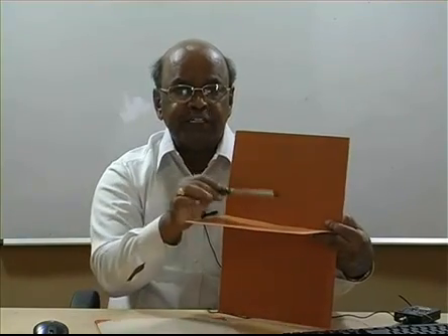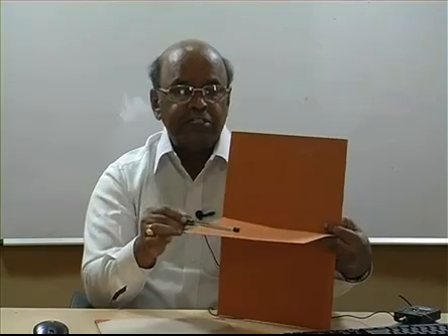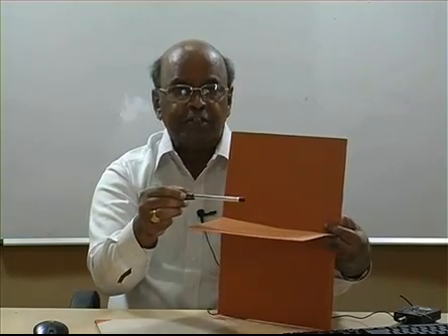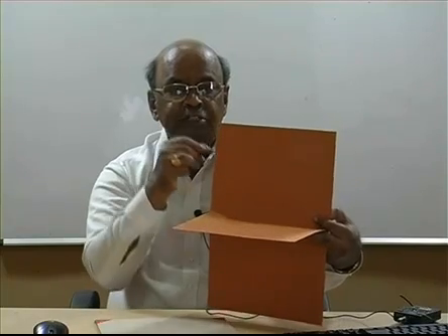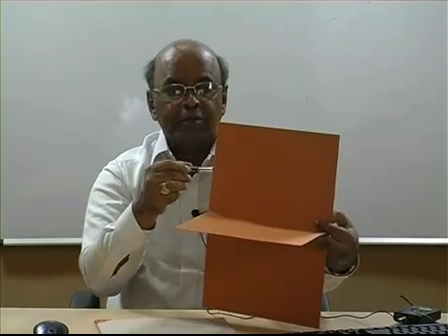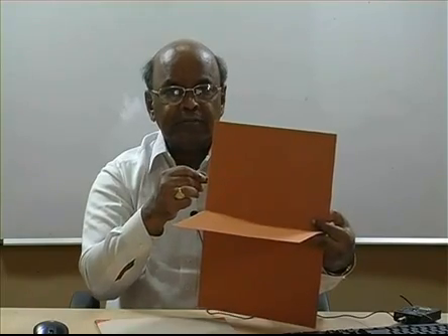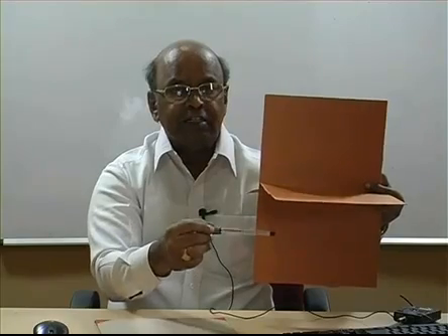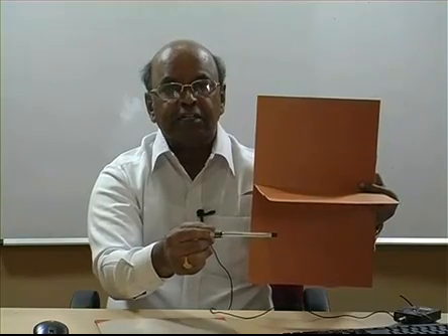So, if the object is located here, that means it is above horizontal plane and before or in front of the vertical plane. Similarly, this will be second, that means it is above horizontal plane and behind vertical plane, and third is below horizontal plane, behind vertical plane, and fourth is below horizontal plane, before vertical plane.